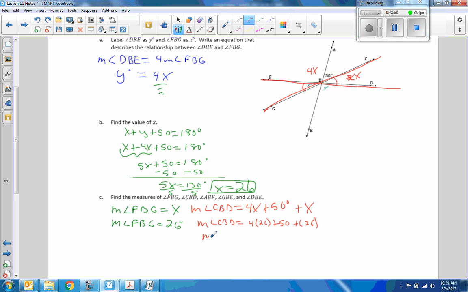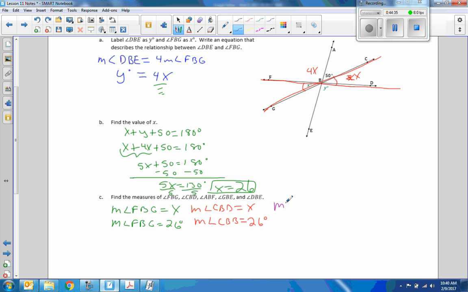But that is the measure of angle FBD, which is a straight line, so this is all incorrect. The measure of CBD is just simply x. So think about what you're doing at all times. Catch your mistakes and move on. x is 26, so therefore CBD is 26 degrees.